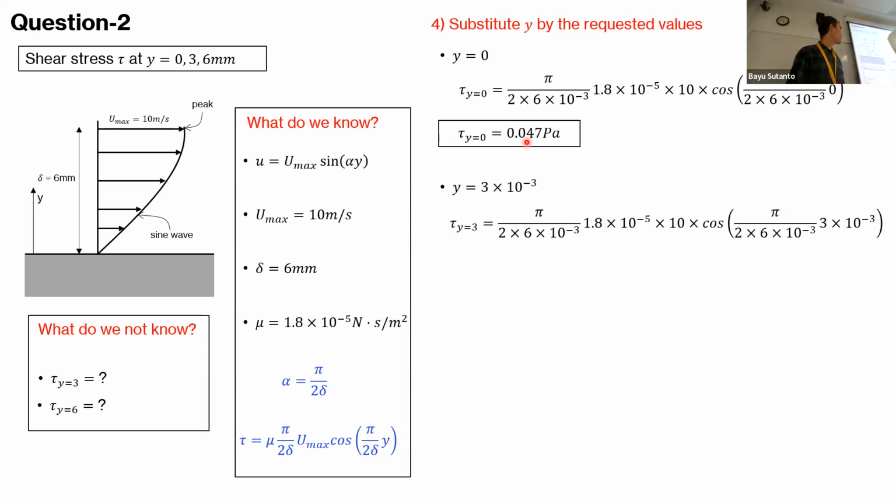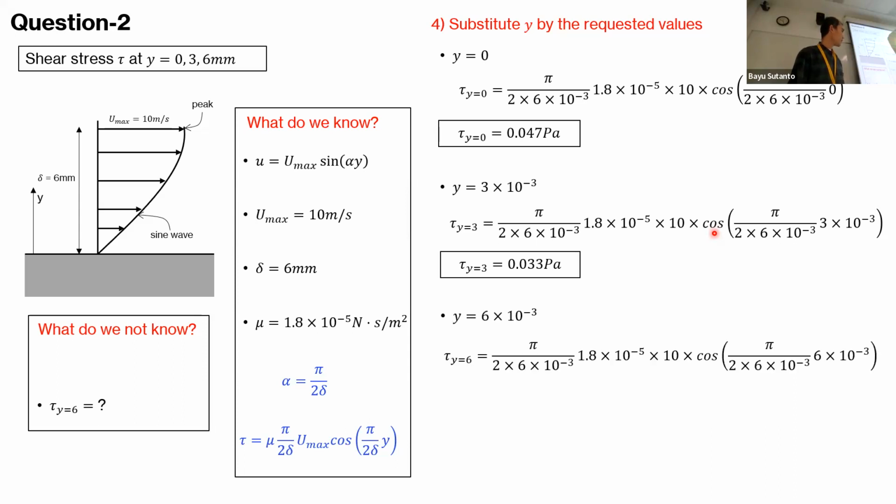And next, in the middle, y equals 3 millimeters, we have a similar input. So the cosine must be pi over 4, or 45 degrees, equal to half square root, so the shear stress is 0.03.